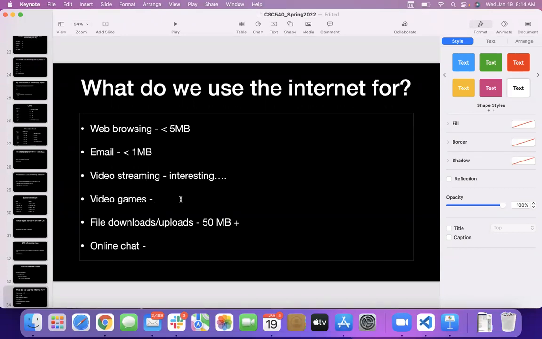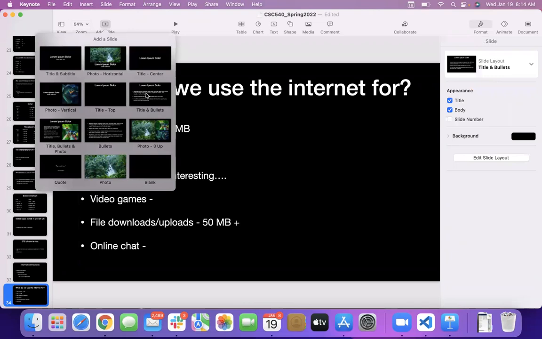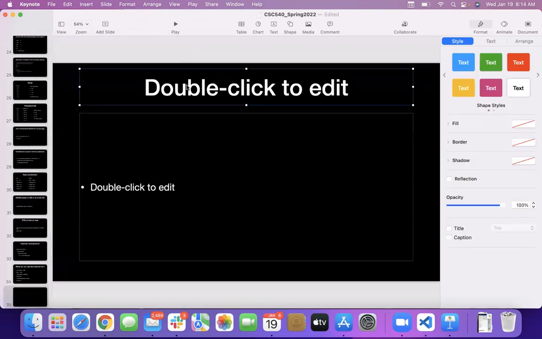It's a very calm, Zen type of video game, I guess you would say. So we might ask, how much data does that really take? And this is where some confusion might come in terms of network application. In this case, we're using this video game as an example of a network application because the idea is that you're playing online with other people.